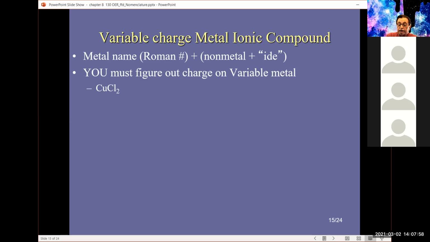And the thing is, how do we know which one it is if you're given the formula? Recall that I said in the beginning, a general equation, that the number of cations plus the number of anions equals the charge of the compound.